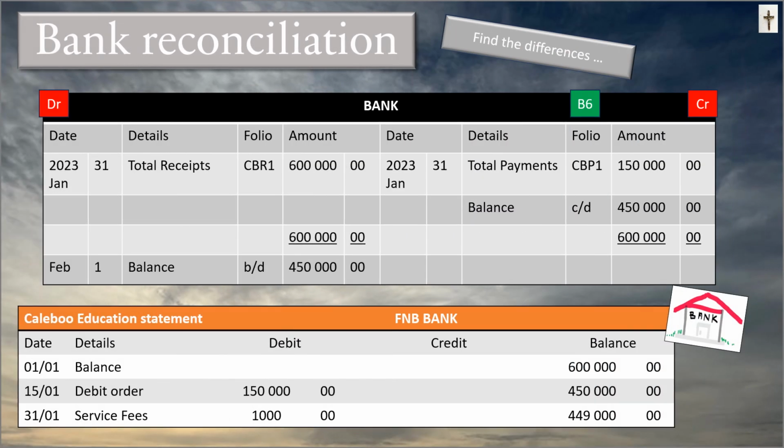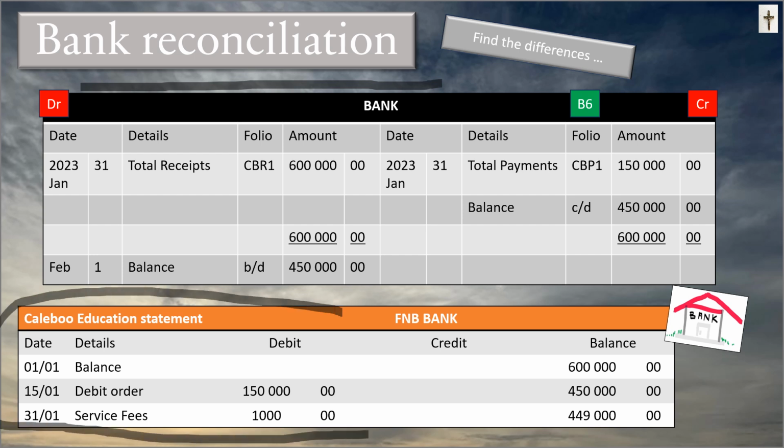And the last bit of information that I'm going to share with you on this introductory video is I'm going to explain to you what a bank reconciliation is. Now, at the end of the month, we receive a bank statement from the institution that we bank with.